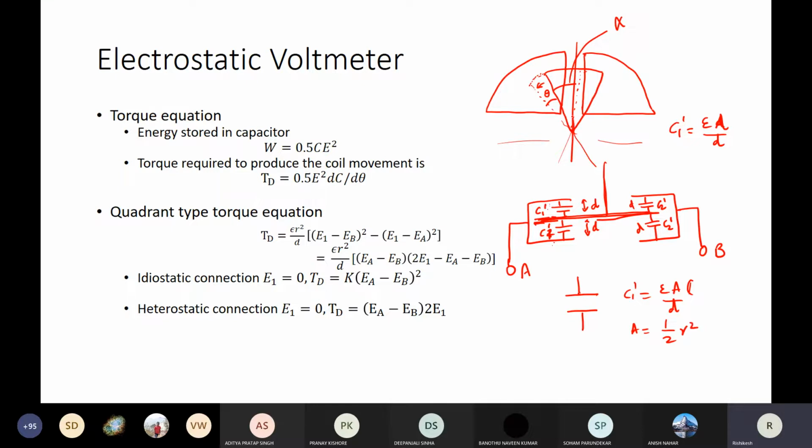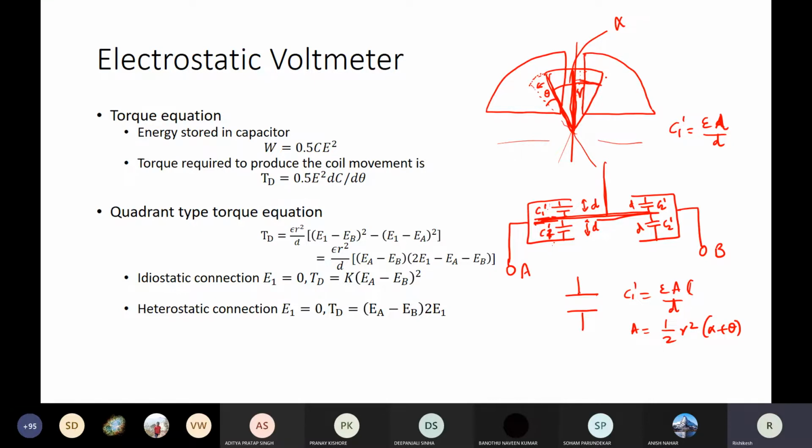That is, R is this R, this R. So when theta is 0, the area of overlap is 1/2 R square alpha for both C1 and C2, because it is symmetric, right? When theta is 0, it is symmetric.